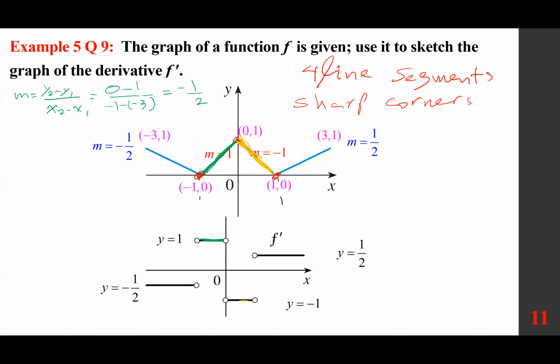This line, this is the answer. So I hope you can see that. Okay, so I hope it's clear to everybody.